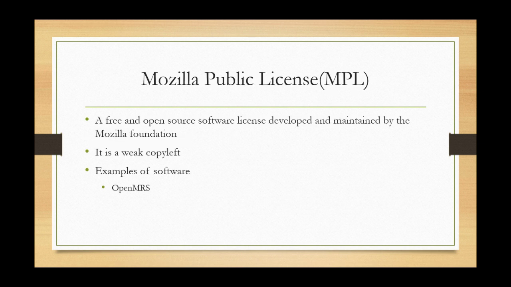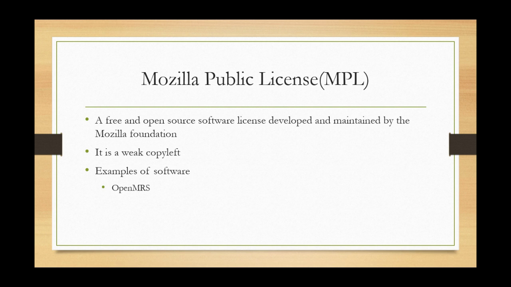Another type of license, we call it Mozilla Public License, MPL. This is a free and open source software license. It is developed and maintained by the Mozilla Foundation. If you remember, last video we talked about the other types of softwares apart from open source, and we talked about FOSS, free and open source software.